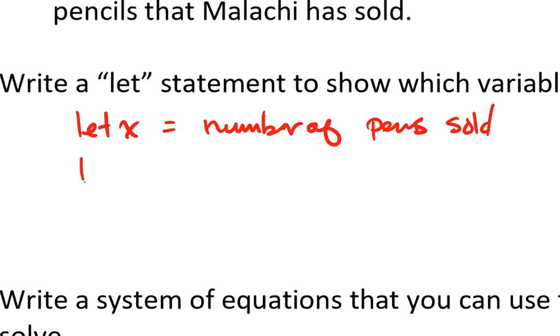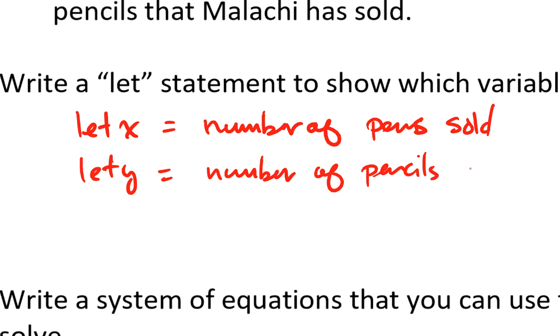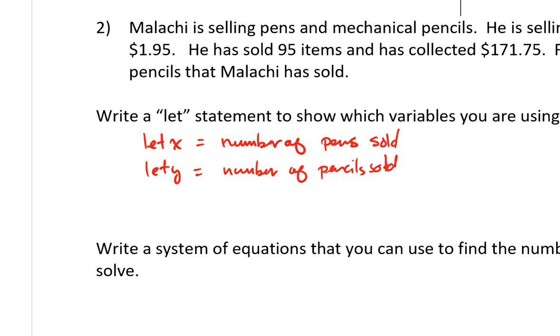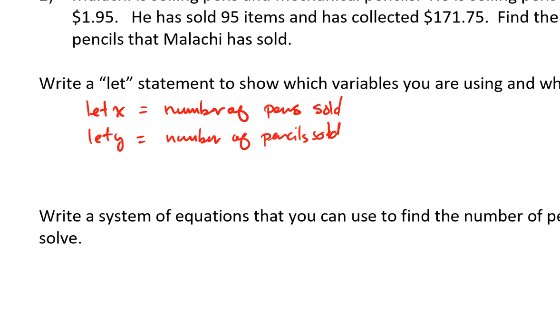And let Y equal the number of pencils sold. So I'll refer to that towards the end if I want to make sure I write down the correct summary values. So let's write our system of equations.